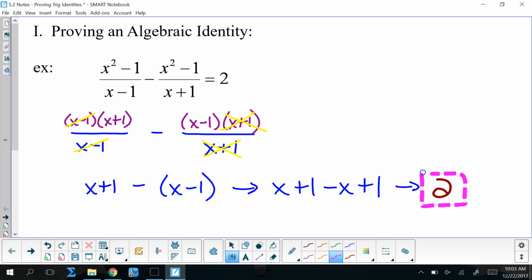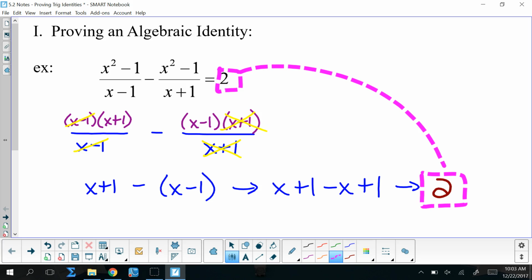So what we've done is we've taken the left side of the equation and we've simplified it all the way down to the right side of the equation. And once I get to that right side of the equation, then I know that I'm done. Or if I started on the right side, once I get the left side, then I know I'm done.